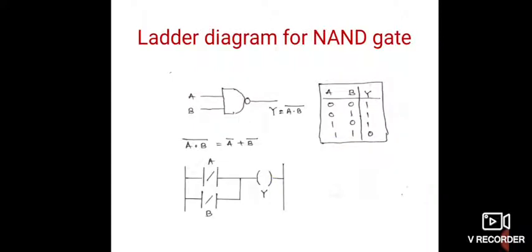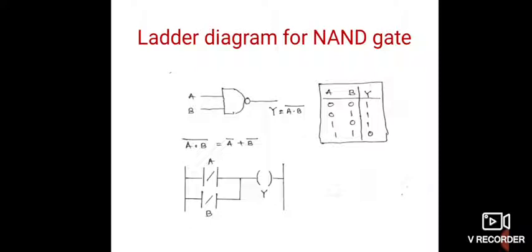Then next, the ladder diagram for the NAND gate. The expression for the NAND gate is Y equals (A and B) whole bar. This is first converted by using De Morgan's theorem: the complement of the product is equal to the sum of the individual complements of the 2 inputs.